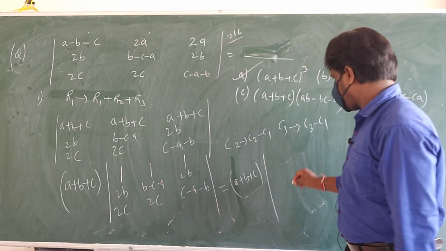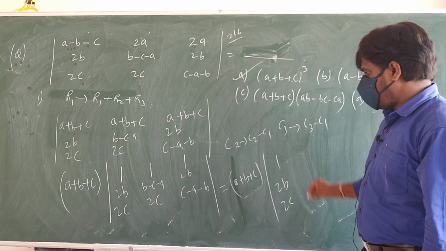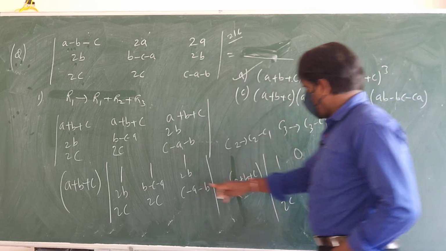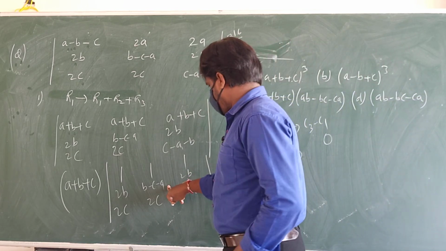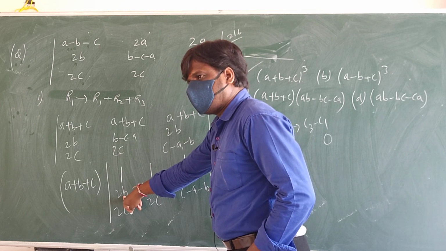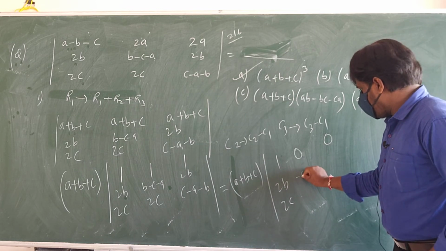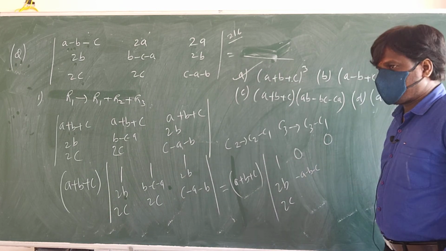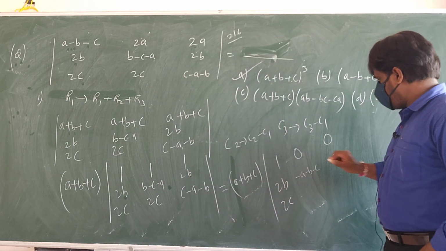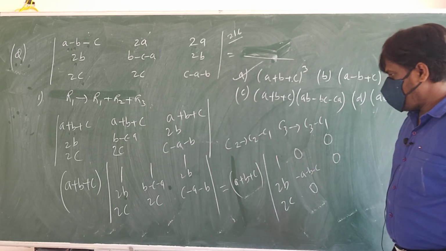This is 0, the C1 is the same. This will be 0. Then this minus this, all minus: minus A minus B minus C. And 0. Beautiful. Achha, 2 minus 0, 0, right?